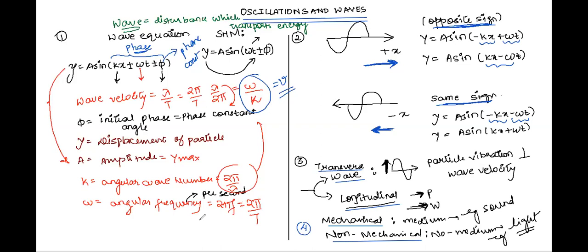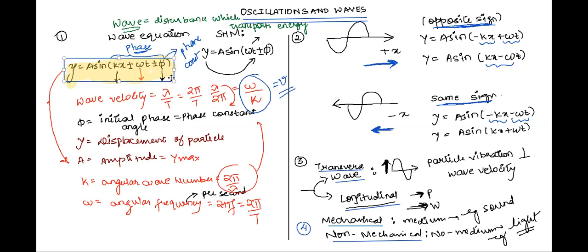This one on the left-hand side is the equation for a progressive wave. Karuna, which wave is it? Progressive wave. Progressive wave means wave which is progressing or moving.